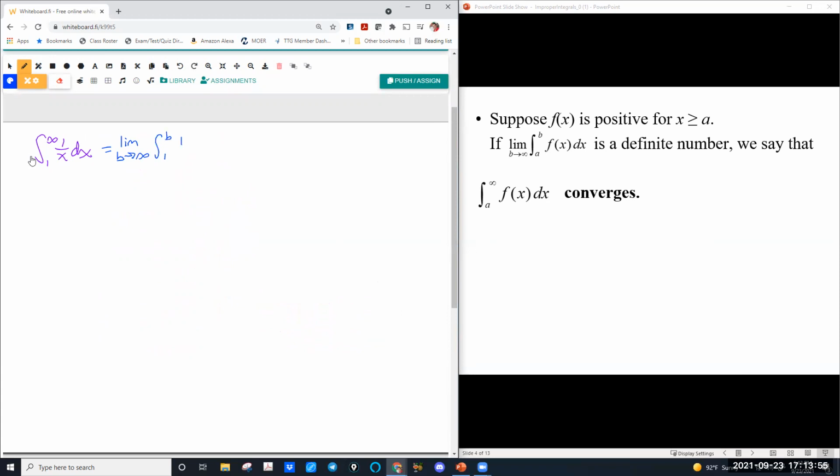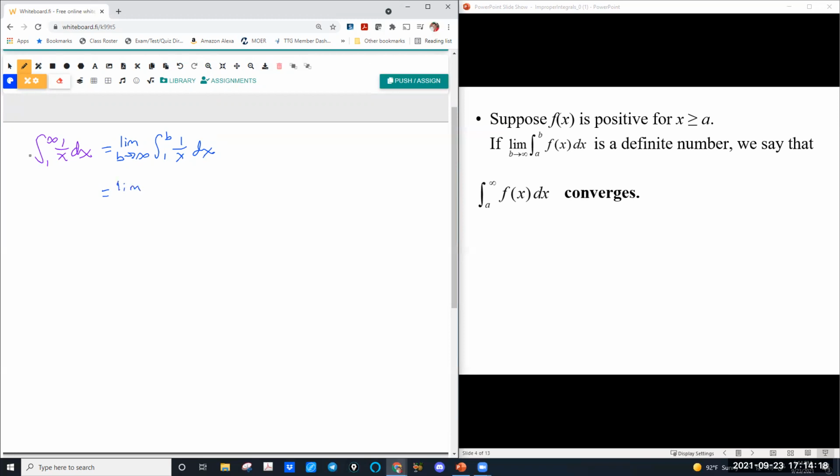Actually, let's not rewrite this one. Sometimes rewriting this one can throw us off. It's not going to change the antiderivative, you'd have x to the negative 1. But if you try the power rule with that, you get x to the 0 over 0, and we can't divide by 0, so that's your hint. This one doesn't get done with the power rule.